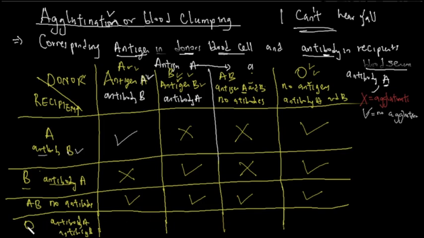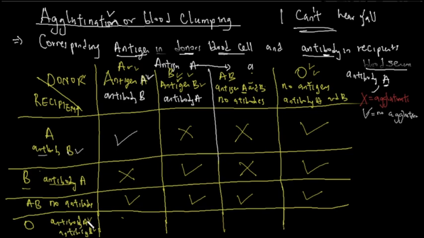Now, finally, we have blood group O. Blood group O has antibodies A and B, which means it will fight any blood group A and any blood group B. So agglutination, will it occur here? Think again. This antibody will fight this blood group. Remember, the recipients, you are considering their antibodies.